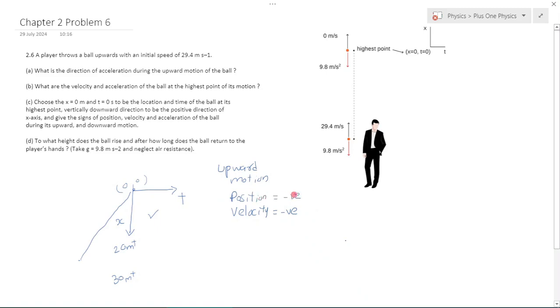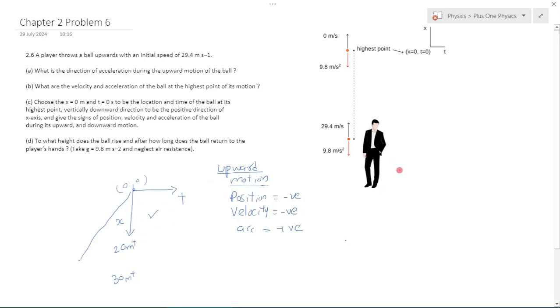But we can understand that the gravitational force, the acceleration due to gravity, is always in the positive direction. So there is no change in that. That is the positive direction. So this is the understanding of the upward motion with respect to this kind of axis, where the positive direction is taken on the downward side.